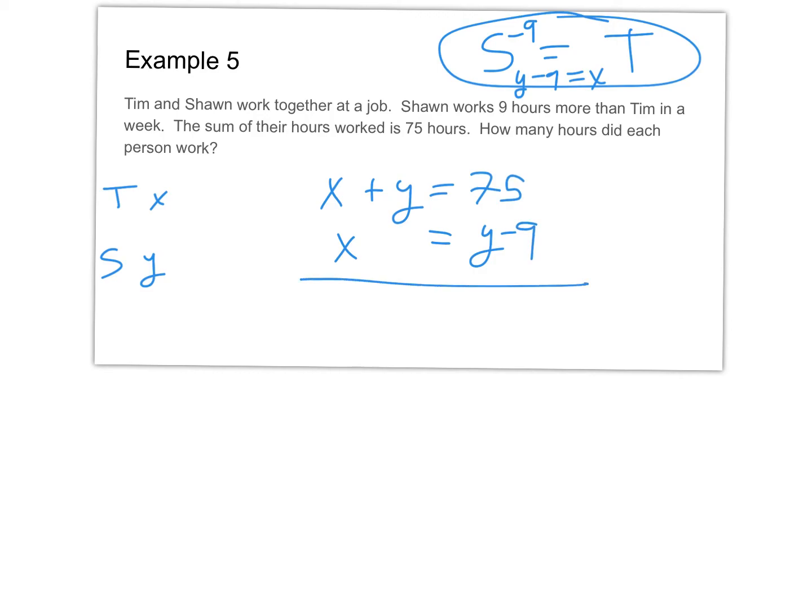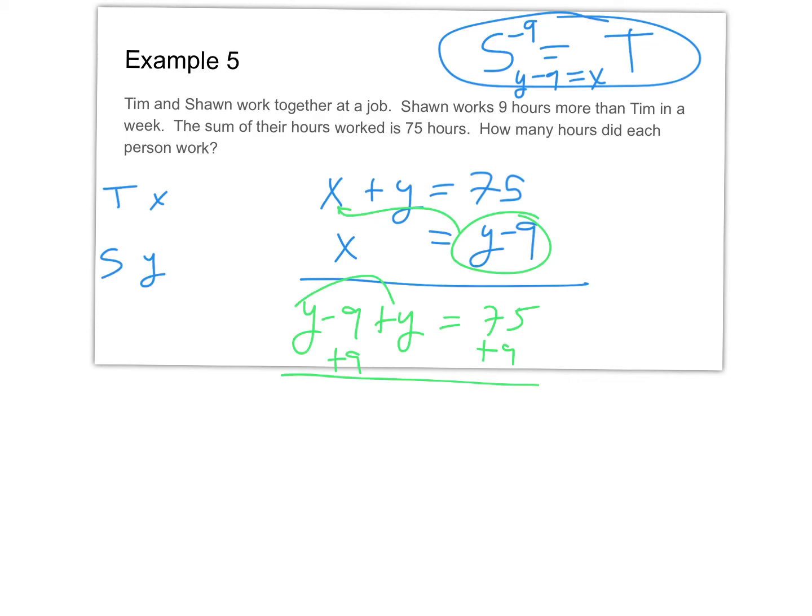Okay, now I'm set for substitution, so I'm going to do that. This is going to go in for the x. y minus 9 plus y equals 75. I'm going to add the 9 and put these together. So 2y equals 84. So y equals 42.